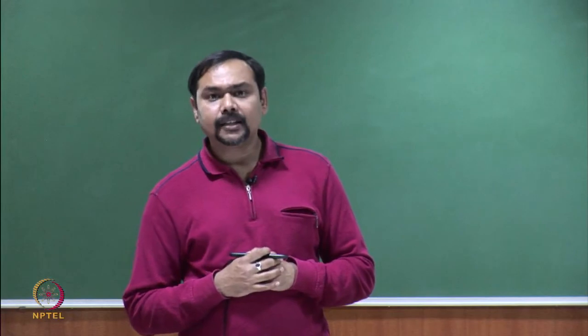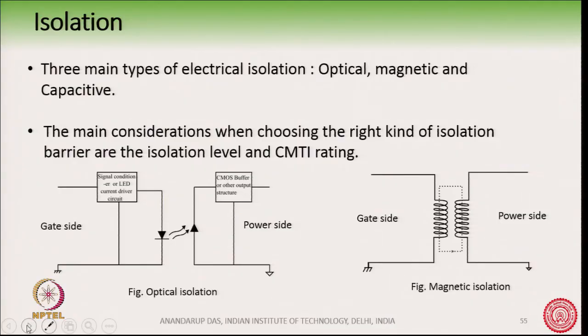Optical isolation, magnetic isolation or capacitive isolation are possible. Gate driver ICs often give you a voltage rating of how much isolation they provide, so based on your application you can choose an isolation voltage with a certain safety factor.